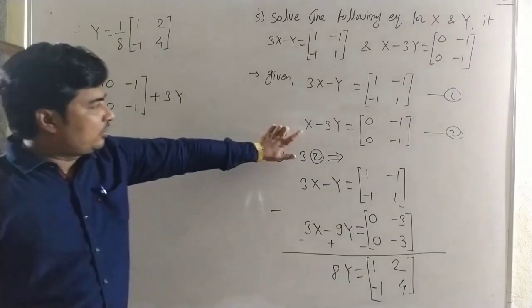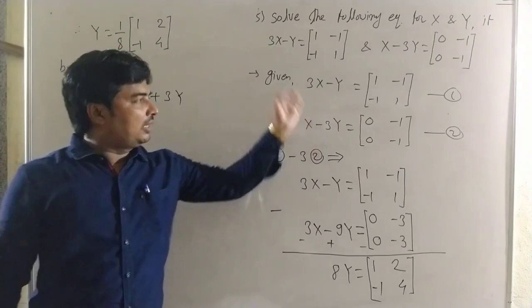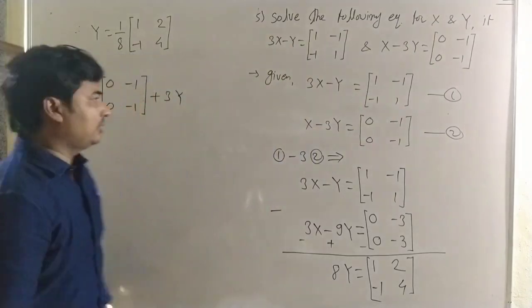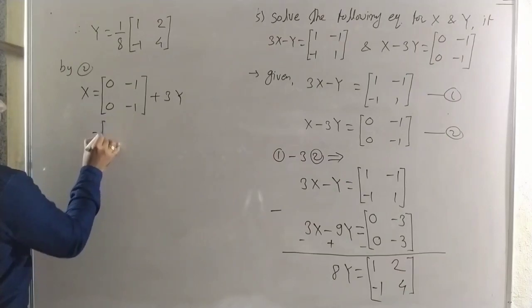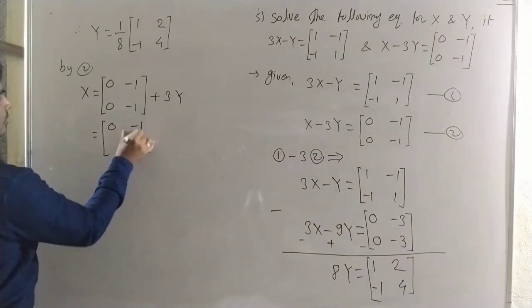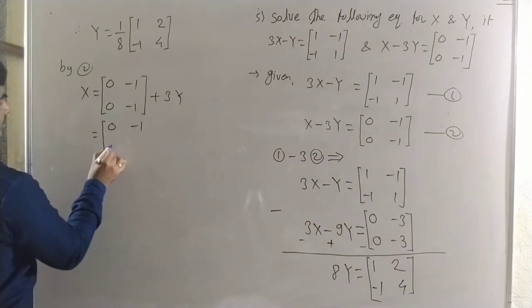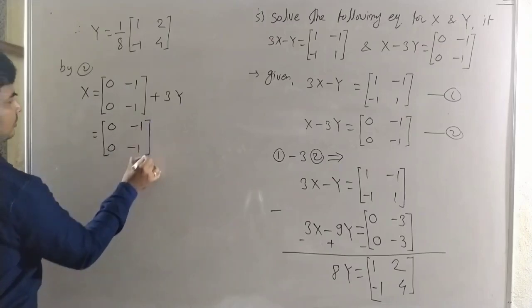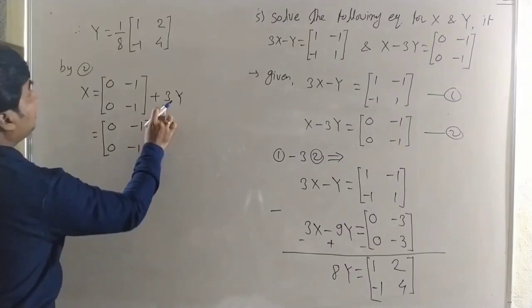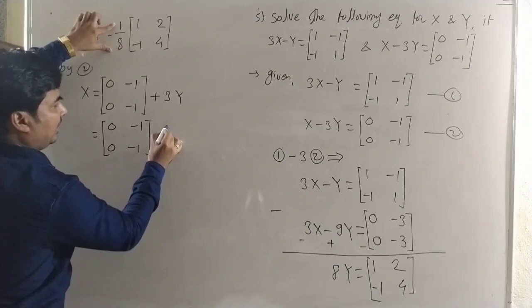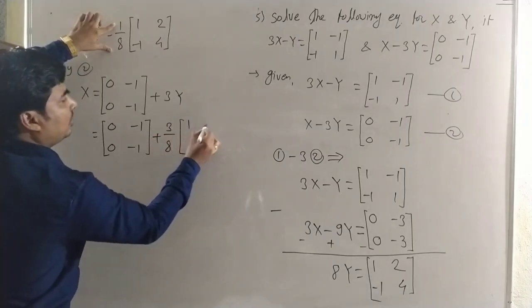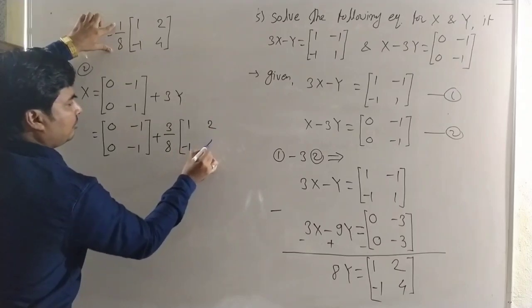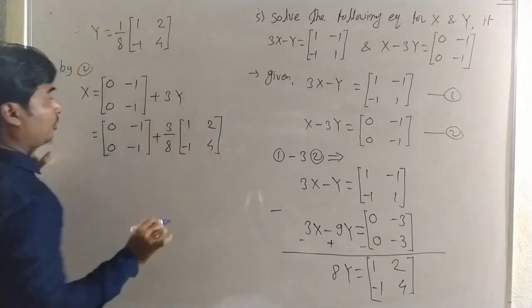Here y is equal to this, therefore 0 minus 1, 0 minus 1 plus 3 times 1 by 8, we can directly write 3 by 8, into this matrix 1 2 minus 1 4, and now we calculate.